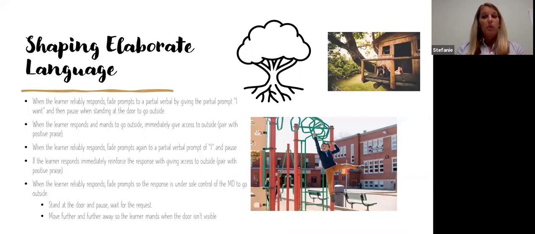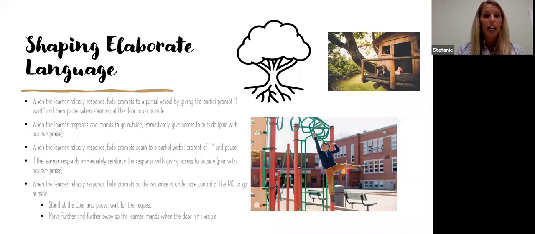So we're fading our support from the echoic prompt to the MO, assuming the MO is still high to go outside. Now, all of this isn't going to be done in one day. It'll take several opportunities of wanting to go outside and pairing that with the reinforcement.